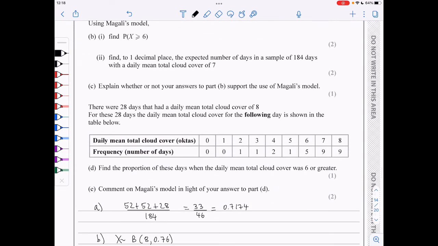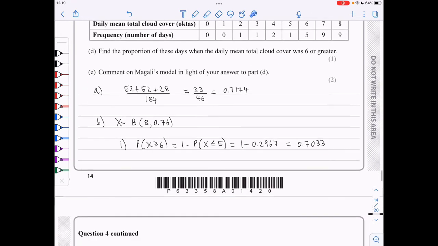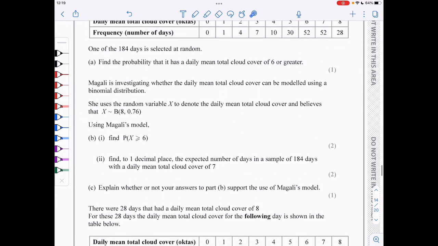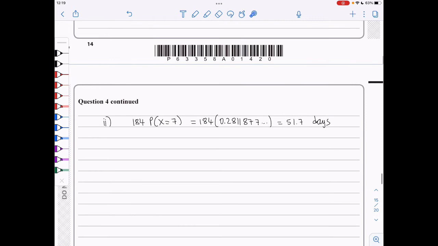In C, explain whether or not your answers to part B support the use of Magali's model, where we can simply compare what we have observed with what we have calculated. They are quite close, so this seems to support the model. And also for 7 days we had 52, that's the observed frequency, and this is the expected frequency, almost identical.